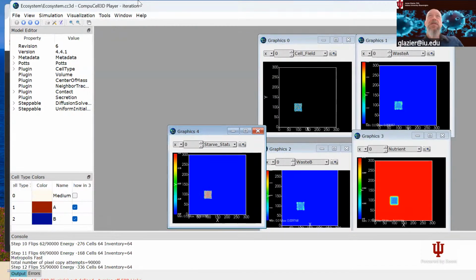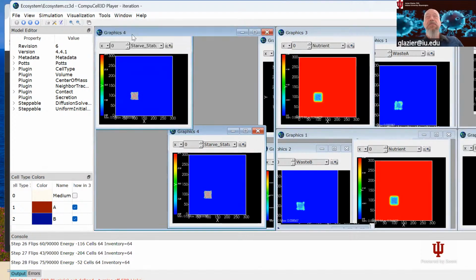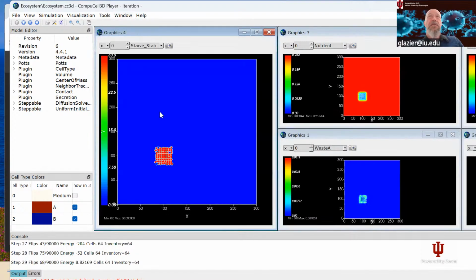So this is something that was debated a long time ago in CompuCell: should you be able to nucleate medium or not? Because if you get rid of medium completely, then when the cells try to disappear, they stretch other cells. There's no way to regenerate medium.